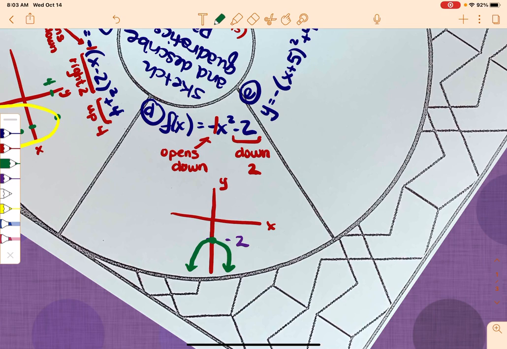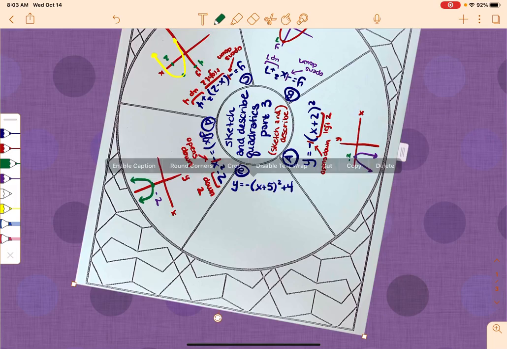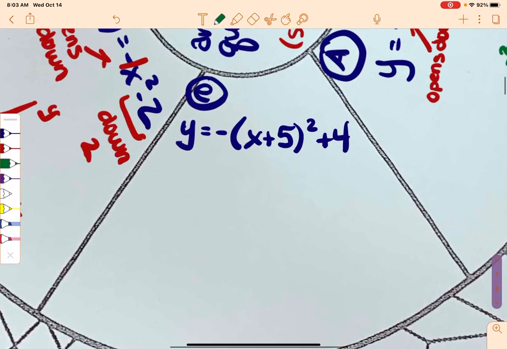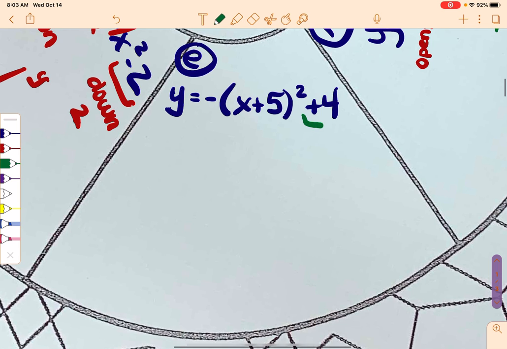Okay, one more, and then we're going to take a look at a different approach in the back here. So now I have y equals negative the quantity of x plus 5 squared plus 4. So again, here's our easiest part to start with. It goes up 4.